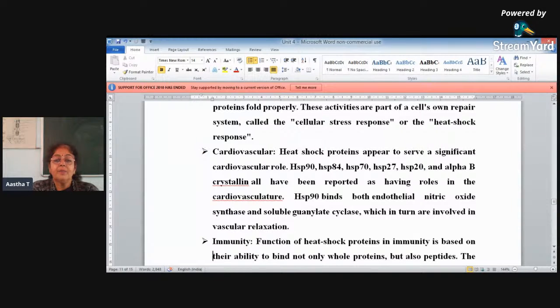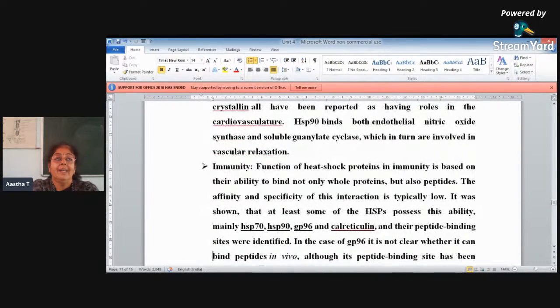Those enzymes are nitric oxide synthase and soluble guanylate cyclase. ह्या दोघी एन्झाईम्सला ते हीट शॉक प्रोटीन्स बाइंड होतात आणि अशा पद्धतीने वॅस्क्युलर मसल्सचं रिलॅक्सेशन शक्य होऊ शकतं. Unless and until heart muscles relax and contract, breathing is not possible.